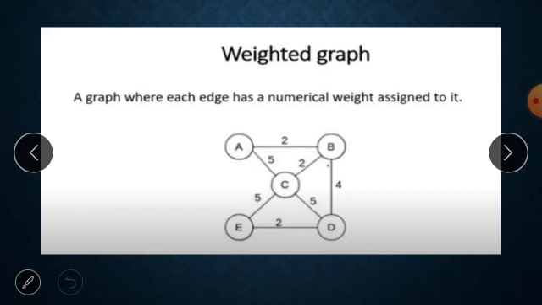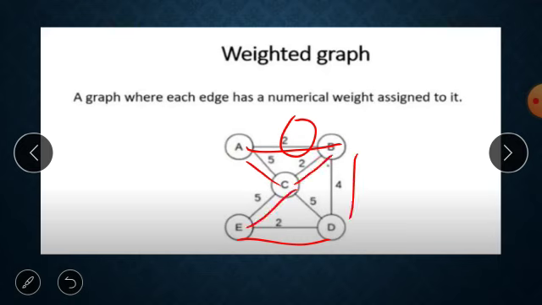Then the next one is weighted graph. A weighted graph is a graph where each edge has a numerical weight assigned to it, that is, a numerical cost assigned to each edge. A to B has the weight 2, E to D has the weight 2, A to C 5, C to B 2, E to C 5, B to D 4 and C to D 5.